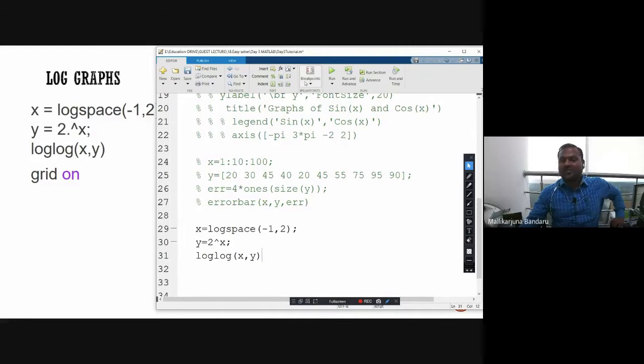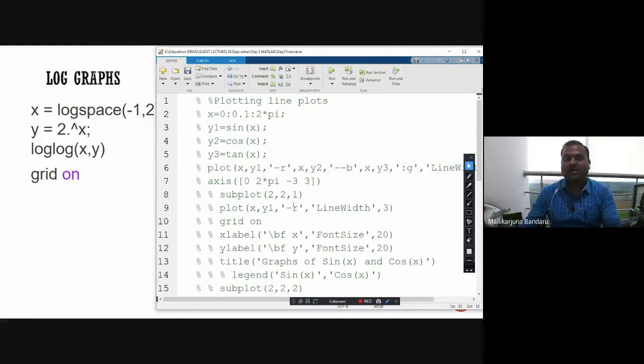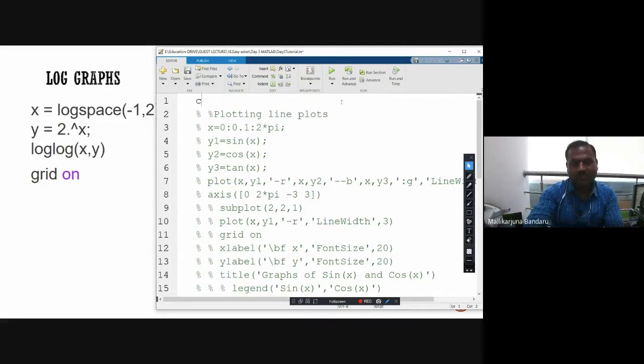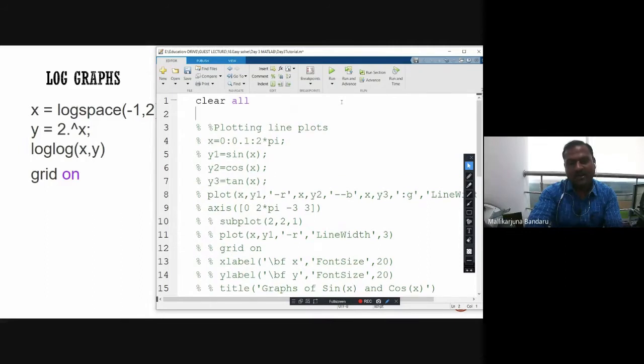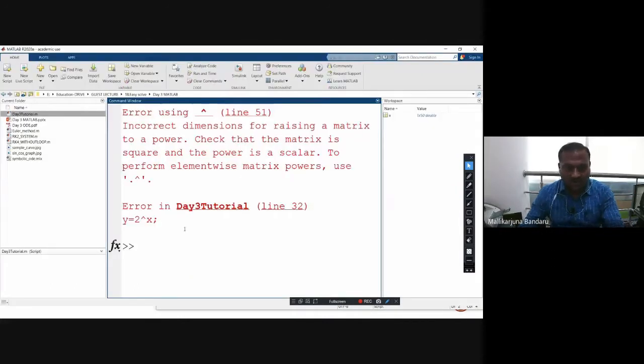See, once we run this, what will we get, what will it show? And let me give, every time, clear all and clc. Yes. It is showing an error. What does it mean? Error using incorrect dimensions for given values and output values. And it is showing maybe this, perform element-wise matrix powers.